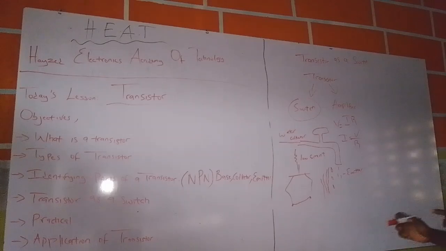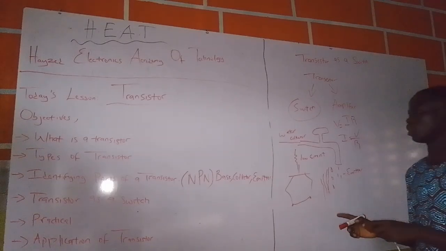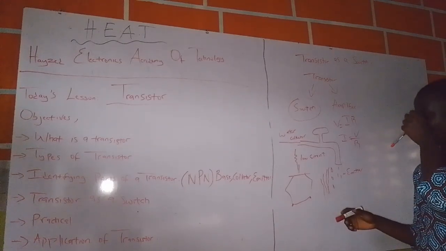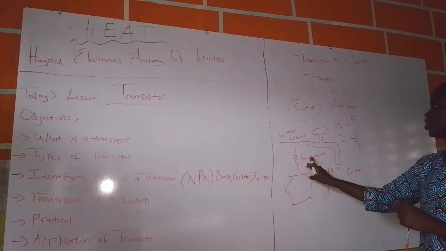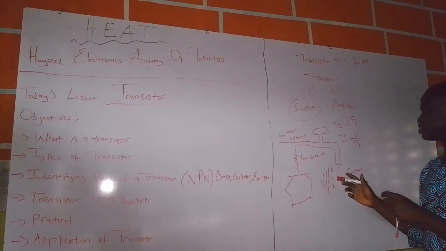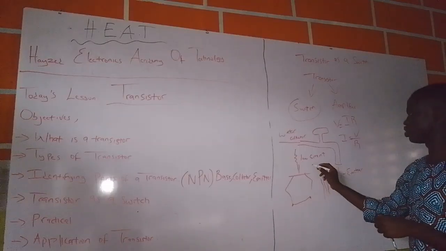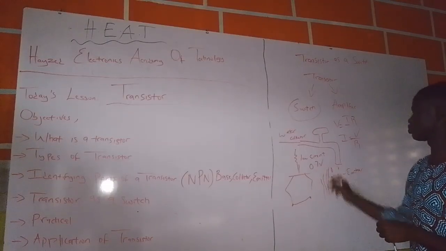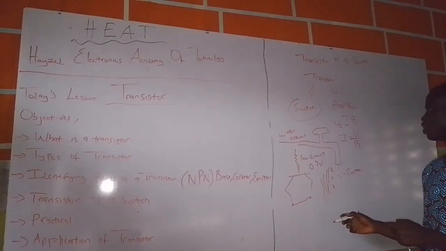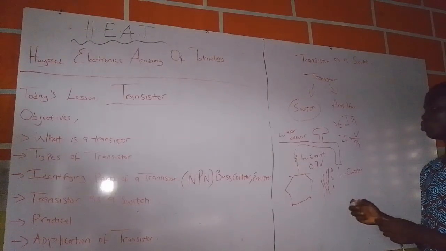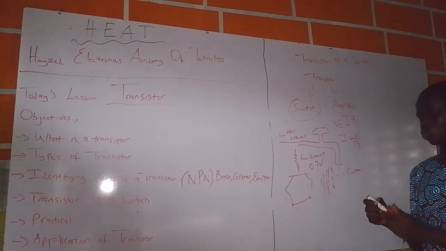A PNP transistor has its own, and MOSFETs and FETs have their own. The reason a BJT is mostly used is that to turn on it needs just very little voltage, around 0.7 volts, unlike IGBTs, MOSFETs and the rest that need very high voltage, 4 or 5 volts, to turn on.